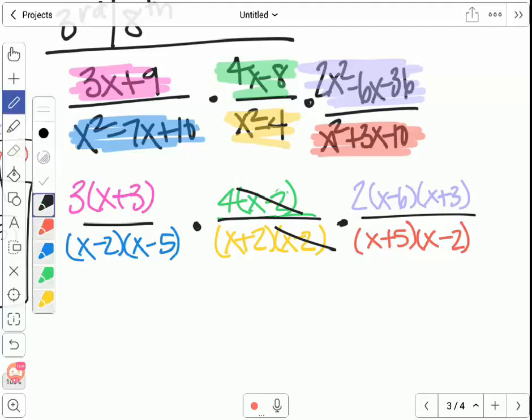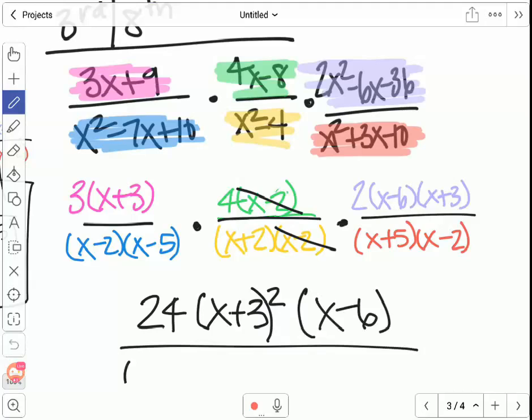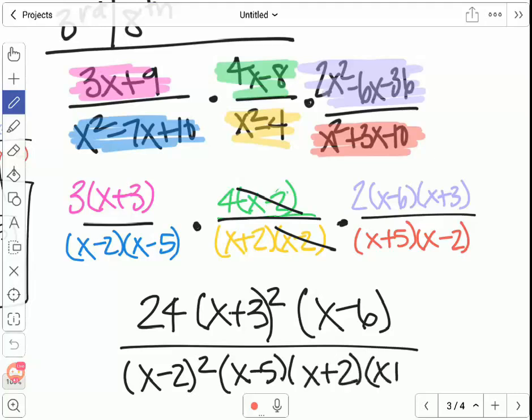So if we multiply this back out, or kind of multiply it back out, we're not going to do all the multiplying. We end up with 24 times x plus 3 squared, oops, sorry, that should be inside, times x minus 6 in the numerator, over my denominator, which becomes x minus 2 squared times x minus 5 times x plus 2 times x plus 5.